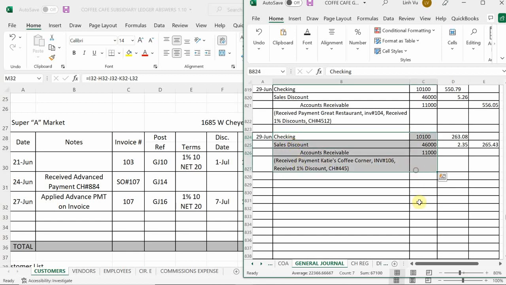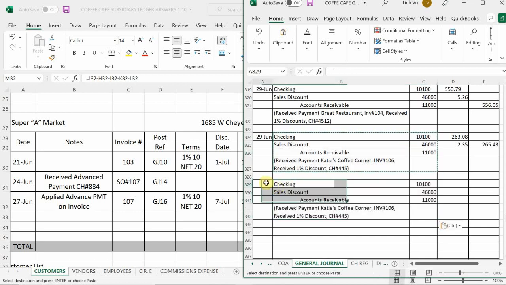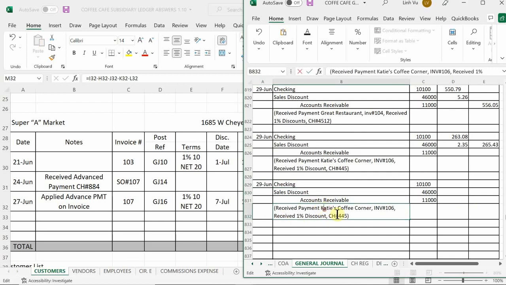So I'm just going to copy this because Super A made a payment. Receive payment from Super A Market, invoice number 103 and 107.